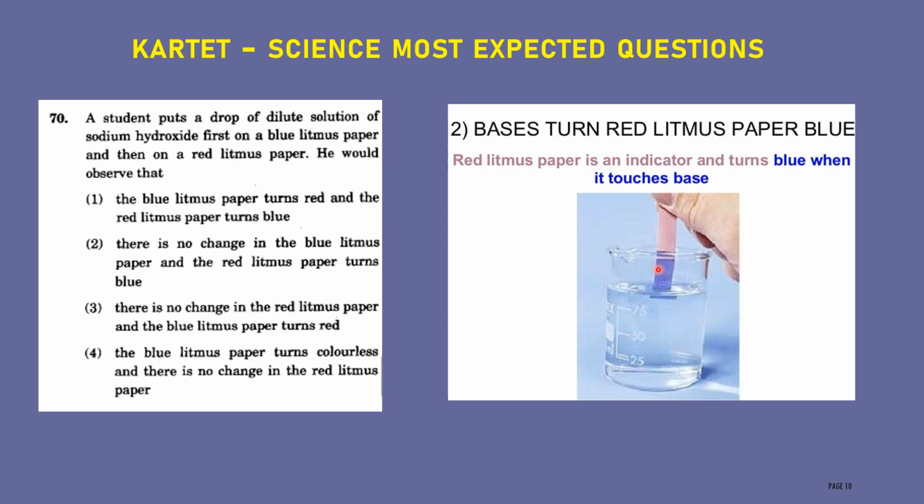It indicates the presence of a base. Therefore we consider sodium hydroxide a base. It will not react with blue litmus paper, and it turns red litmus paper blue. Therefore the correct answer for this question is: there is no change in the blue litmus paper and the red litmus paper turns blue.